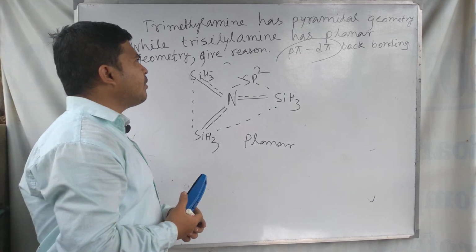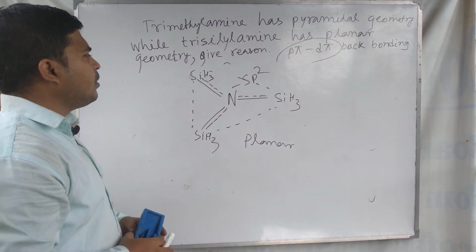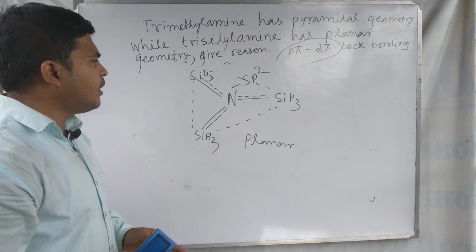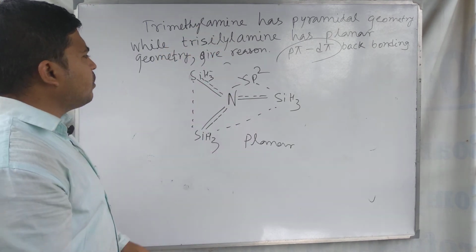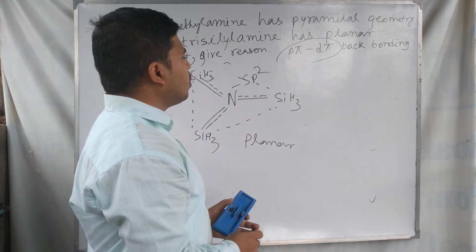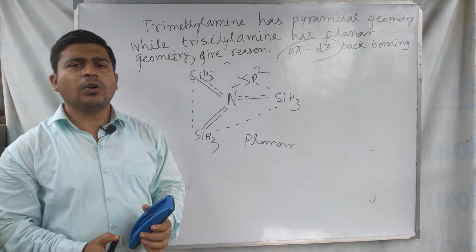So for this reason the geometry of the trisilylamine is planar in nature, and the nitrogen atom is sp2 hybridized here, while in case of trimethylamine this nitrogen atom cannot form p pi d pi back bonding with the carbon atom, because carbon has no energetically suitable vacant d orbital.